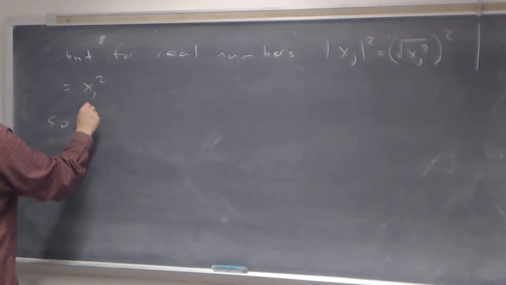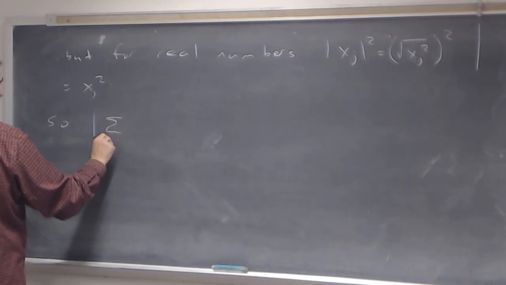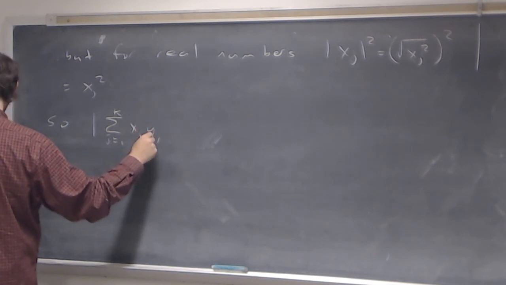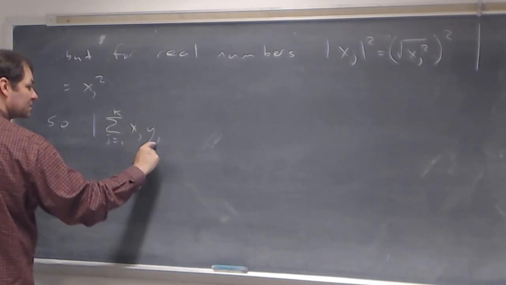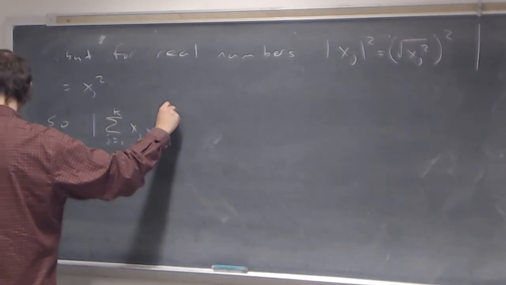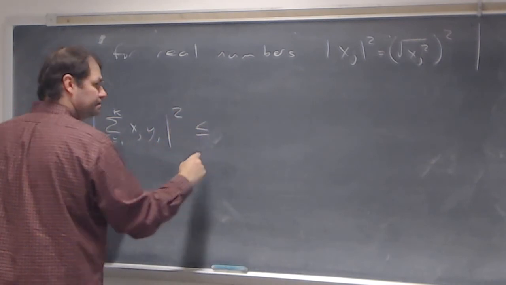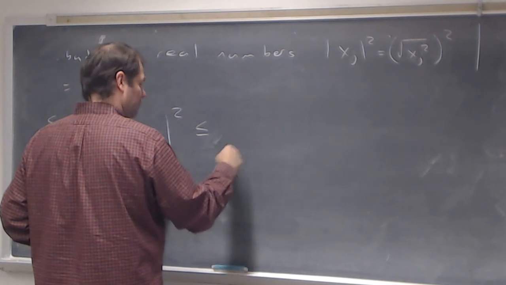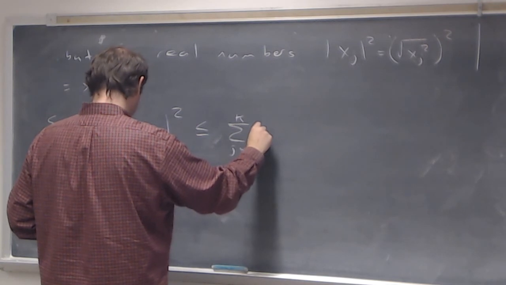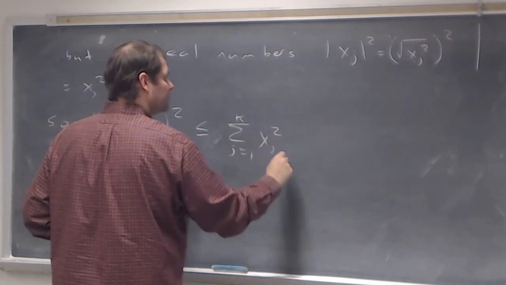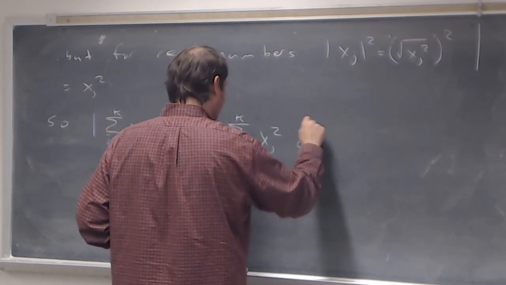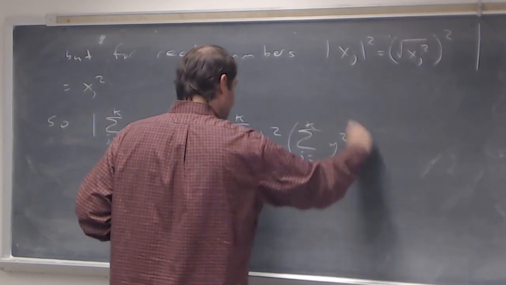So what we have then is the absolute value of the sum as j runs from 1 to k of x sub j times y sub j. This was y sub j conjugate, but that's the same thing as y sub j because it's real. Inside absolute values squared, it is less than or equal to, rewriting what we have from the Schwarz inequality, the sum as j runs from 1 to k of x sub j squared times the sum as j runs from 1 to k of y sub j squared.